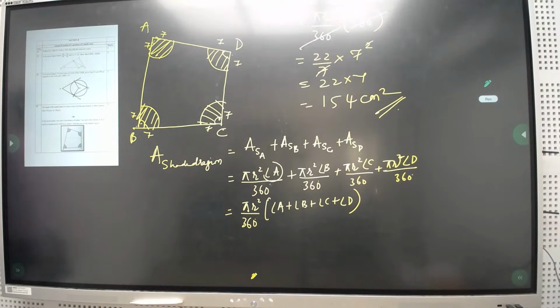23rd question after this. 23rd. And it is again 9th standard formula.